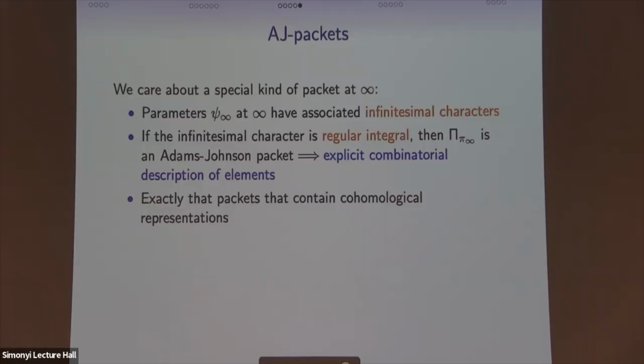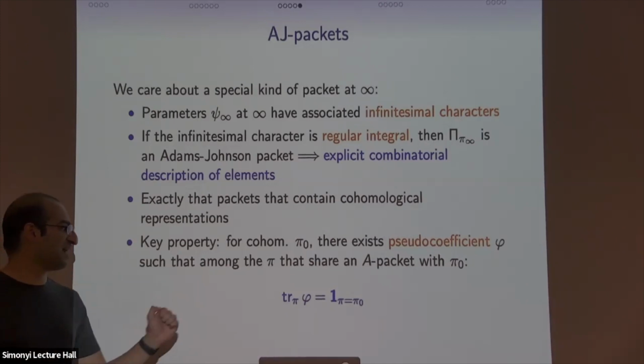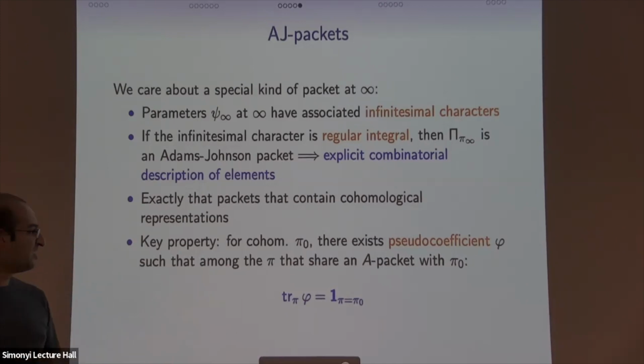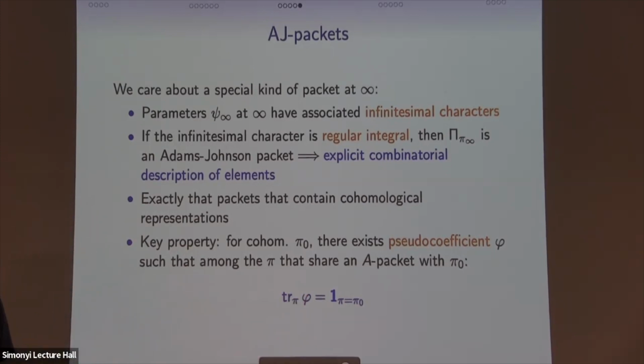Okay, there's a key property that we need to use for these Adams-Johnson packets that maybe isn't emphasized a lot. For every cohomological pi 0, there's a specific function called a pseudo-coefficient, such that among all the pi that share an Adams-Johnson packet with pi 0, tracing against this function exactly picks up pi 0.